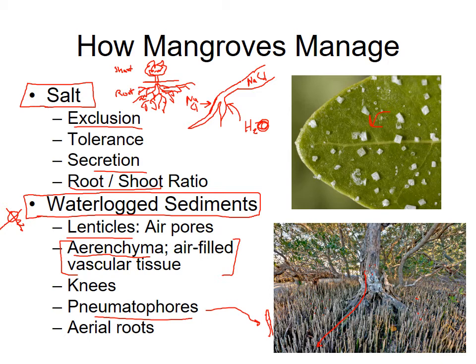But another thing that some other species of mangroves have are these arching aerial roots, and that's the classic look of the red mangrove, where it's got these roots that are aerial above the water, and those roots are lined with lenticels, and that helps the oxygen diffuse down into the roots.